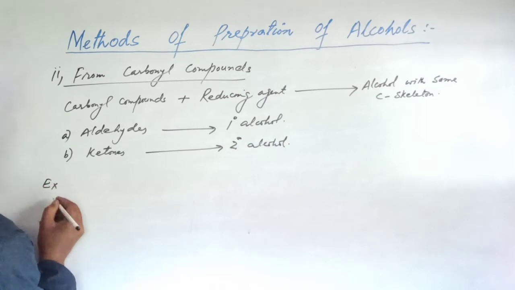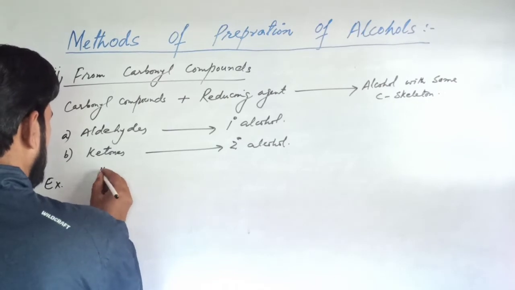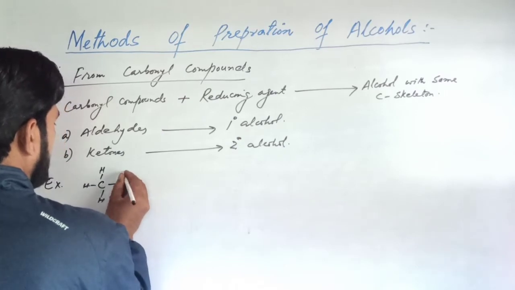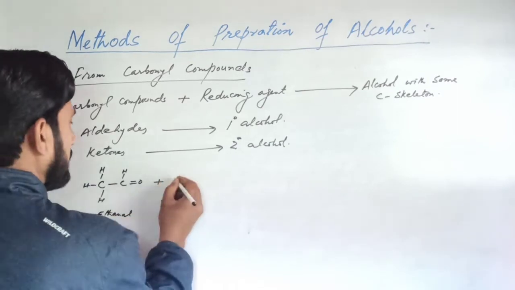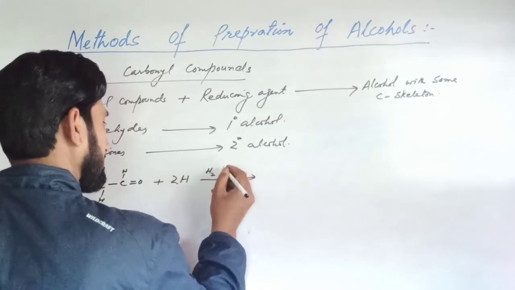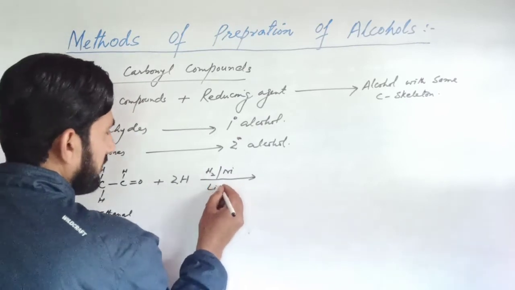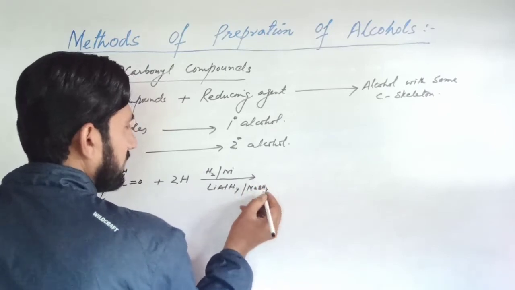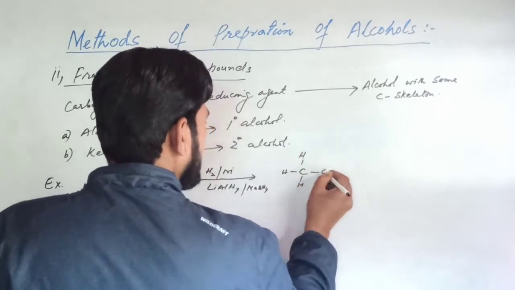For example, aldehyde CH3CHO, ethanal, in the presence of a reducing agent, hydrogen with nickel or lithium aluminum hydride or sodium borohydride, forms alcohol with the same carbon skeleton.